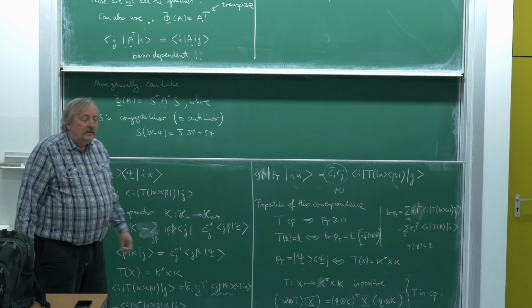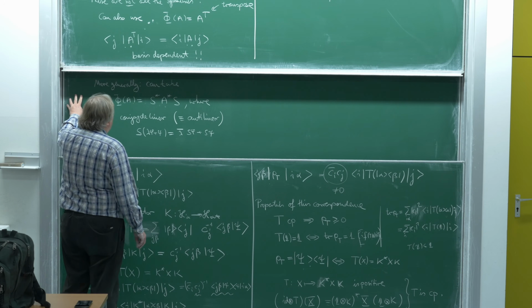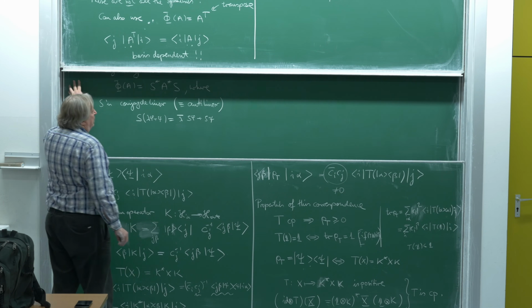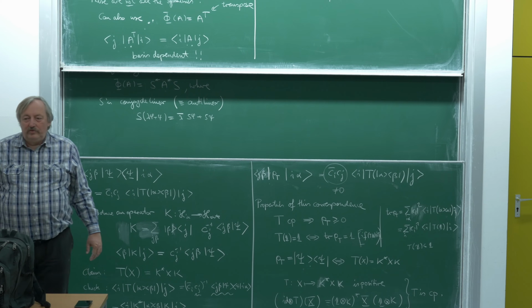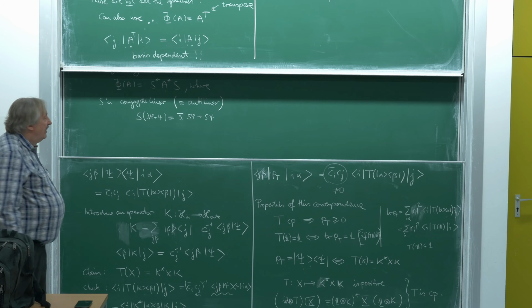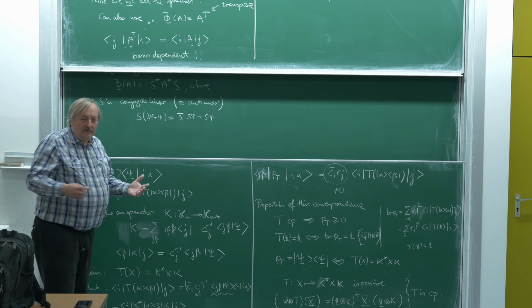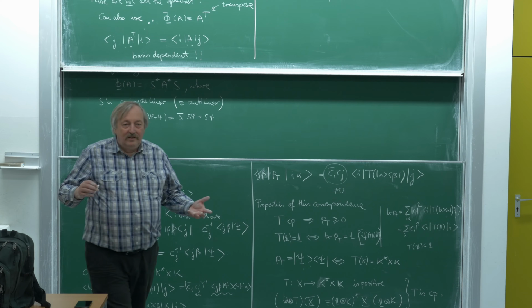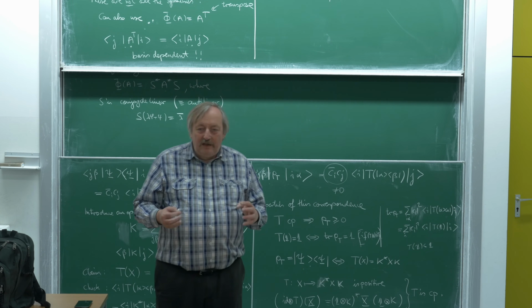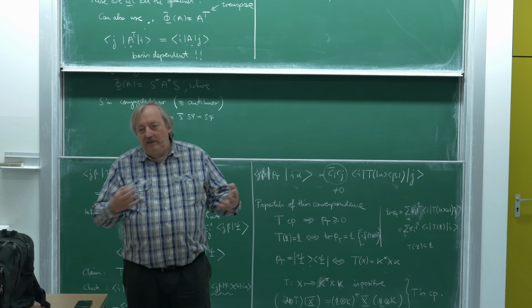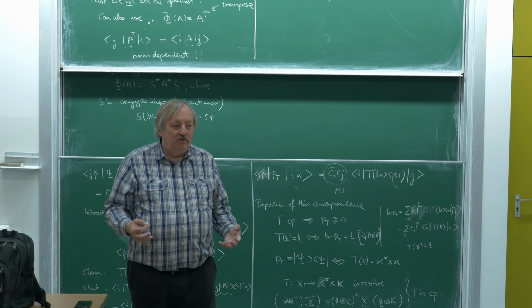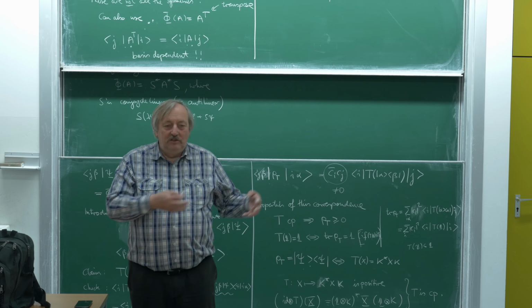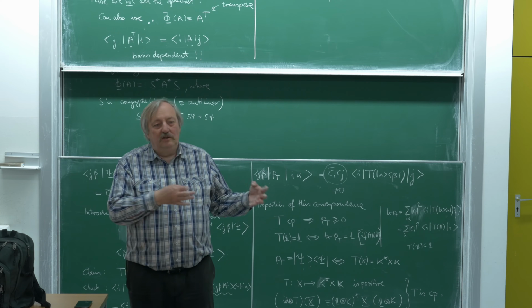So I should also say what is the adjoint of an antilinear operator, of a conjugate linear operator. You have to think a little bit to make this work. You just have to check in which arguments the equation that defines the adjoint is linear, and in which arguments it's conjugate linear.